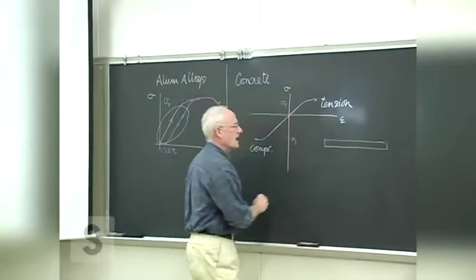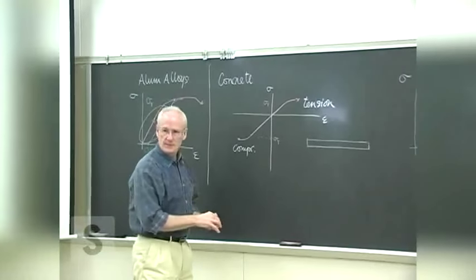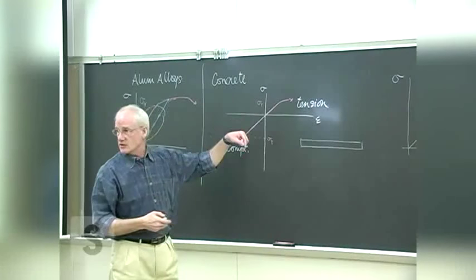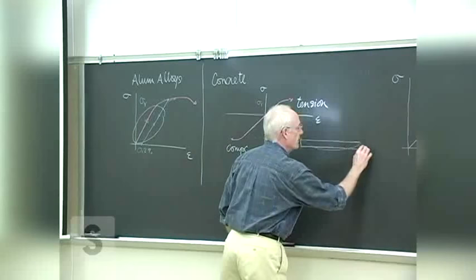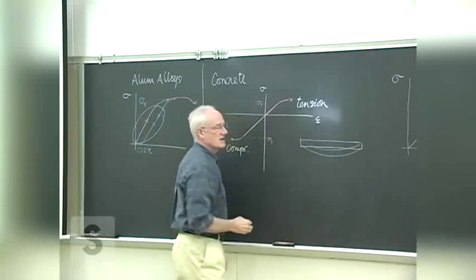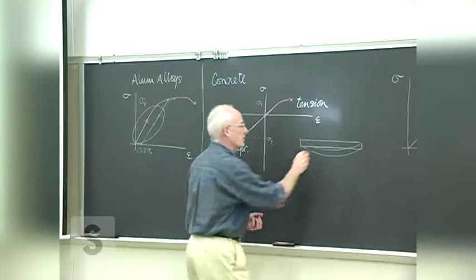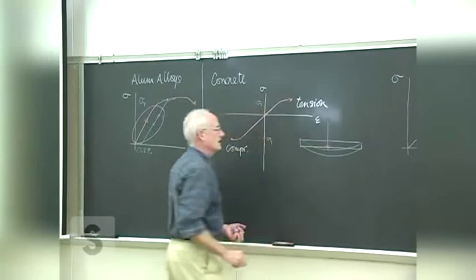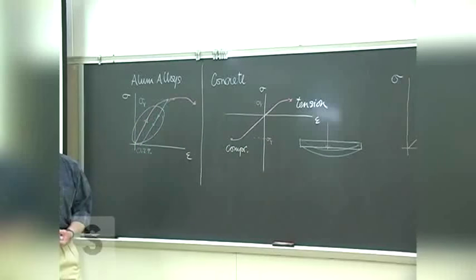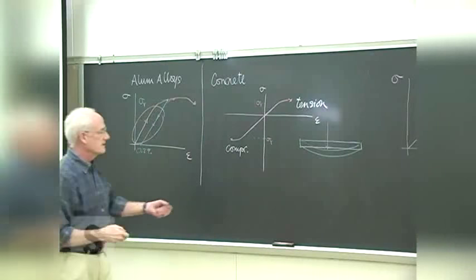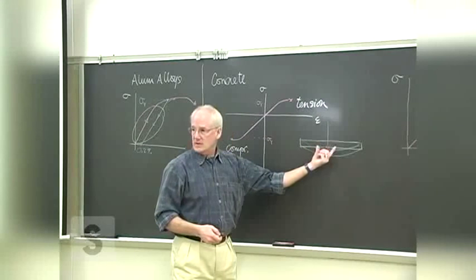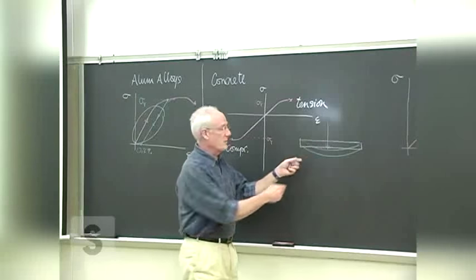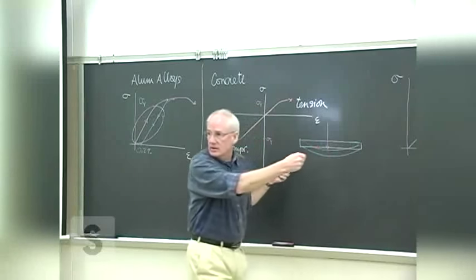We're going to spend a lot of time looking at loaded beams that have transverse loads, and their response to that, of course, is to deform something like that, exaggerated, of course, with some kind of load on it. We'll actually look at that bending in a couple weeks. As it bends like this, the top of the beam is going into compression, the bottom of the beam is going into tension.